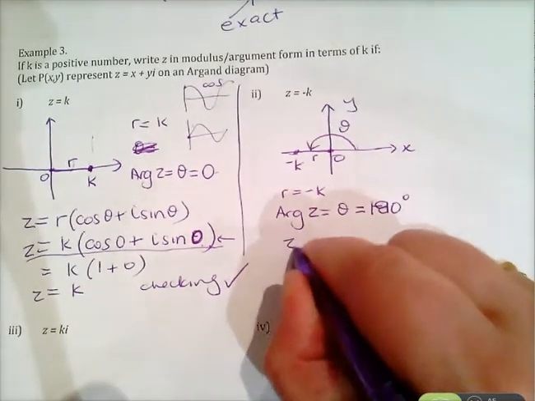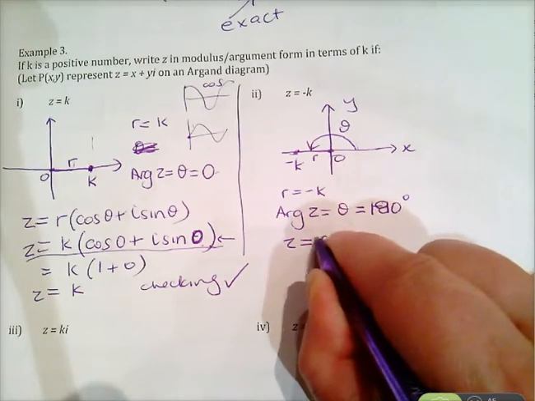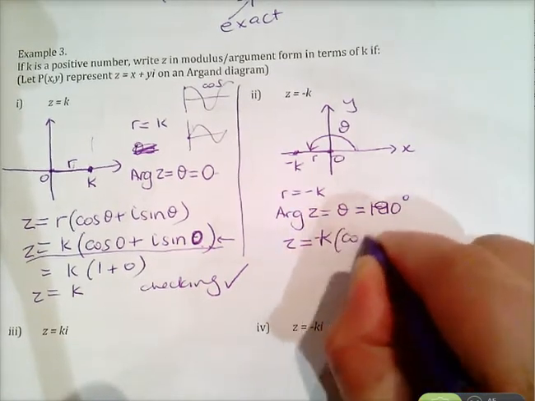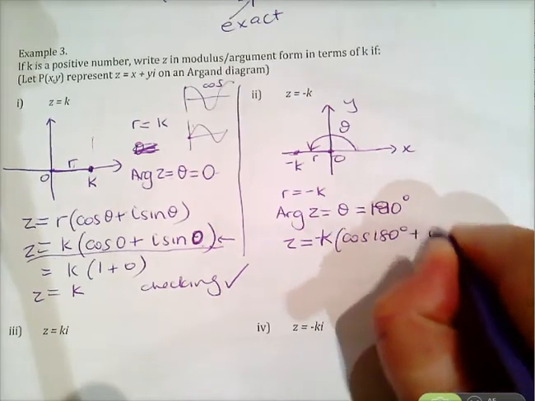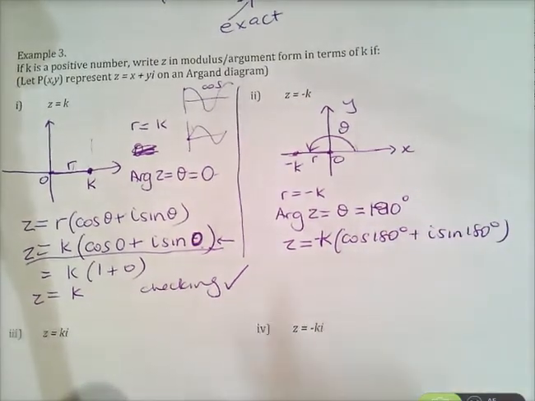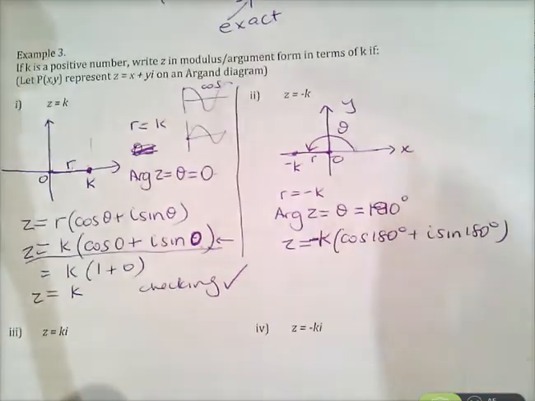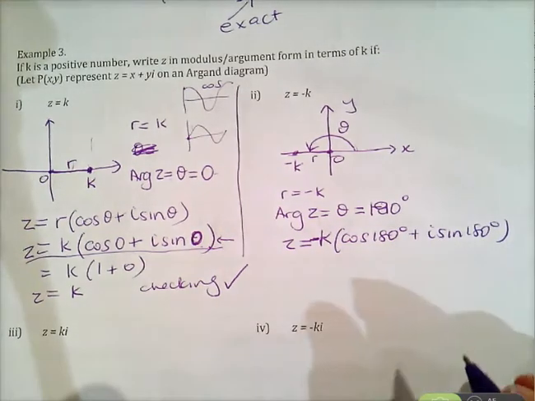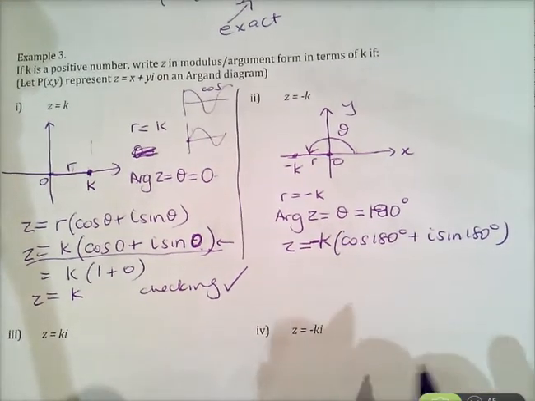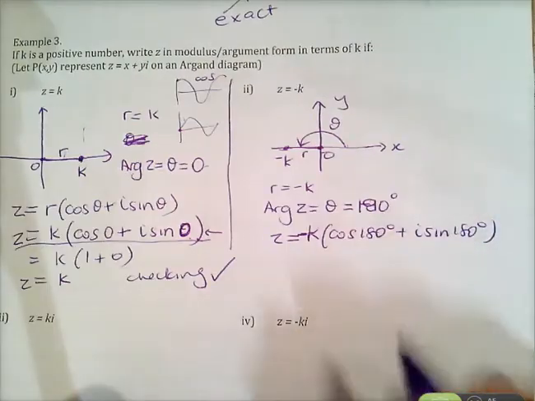So therefore my complex number z is equal to r, which is negative k, cos 180 plus i sine 180 degrees. Now you always would mention, I know this is 180 or minus 180, but 180 is the simpler form between the two, okay?